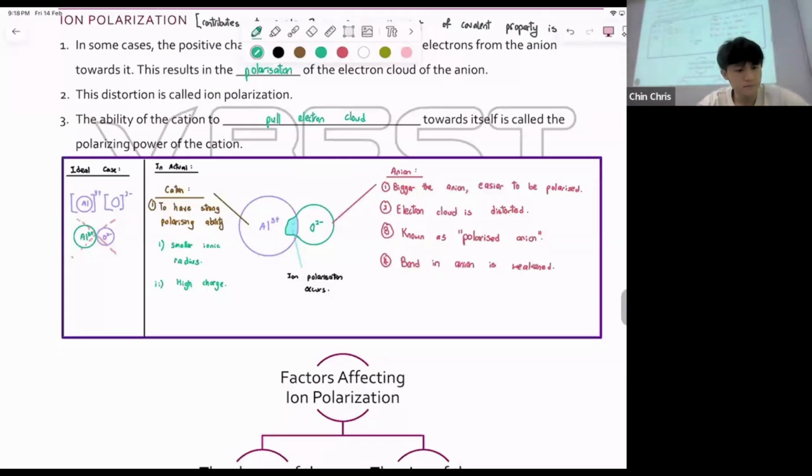Done. Electron cloud, electron shower. Distorted means pull.